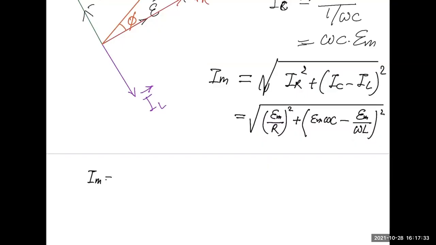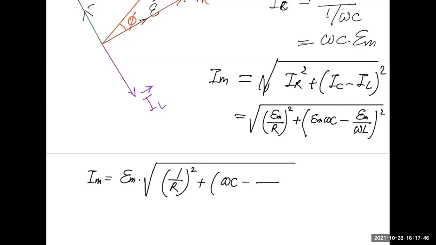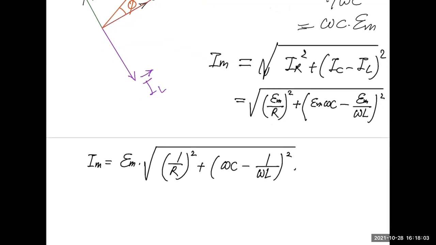So I maximum equals epsilon maximum times a factor, and that factor equals the square root of (1 over R) squared plus (omega C minus 1 over omega L) squared. This is very different from what we saw before. What we saw before, there's not 1 over R, it's just R. Okay, not 1 over R. And then what we saw before, omega L was in the numerator, but this time omega C is in the numerator, so it's different. Okay, so that's the magnitude.